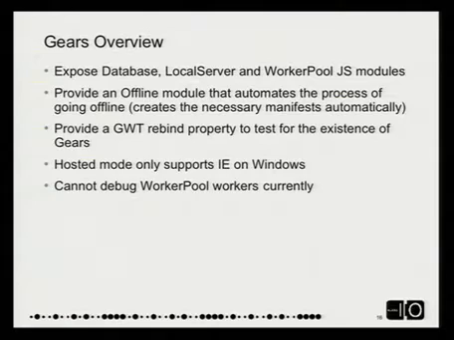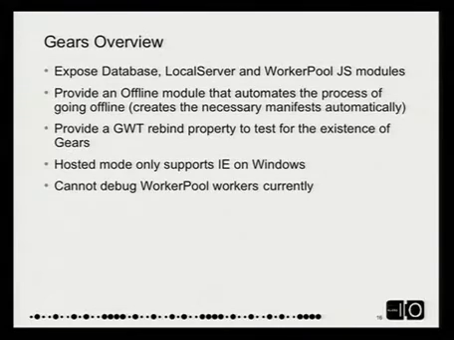We did do a little bit of a value add thing here, which is we've actually provided an offline module. And what's particularly interesting about that is if you have your GWT application and it chooses to use the offline capability, we will automatically generate a managed resource store manifest for you. And that basically means that you can take your application offline with a single method invocation.